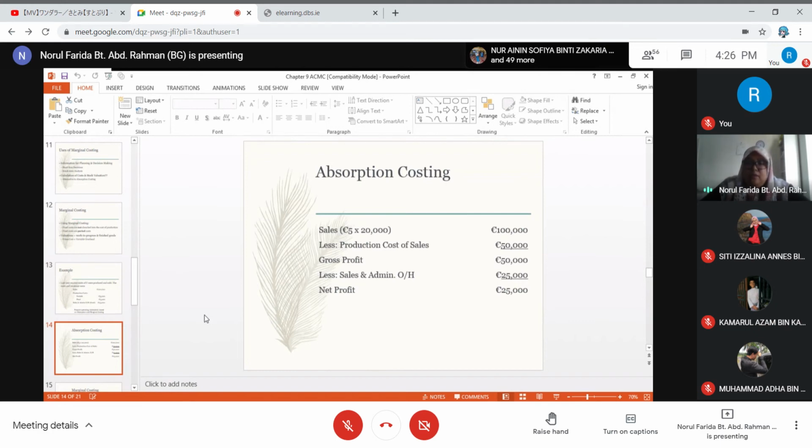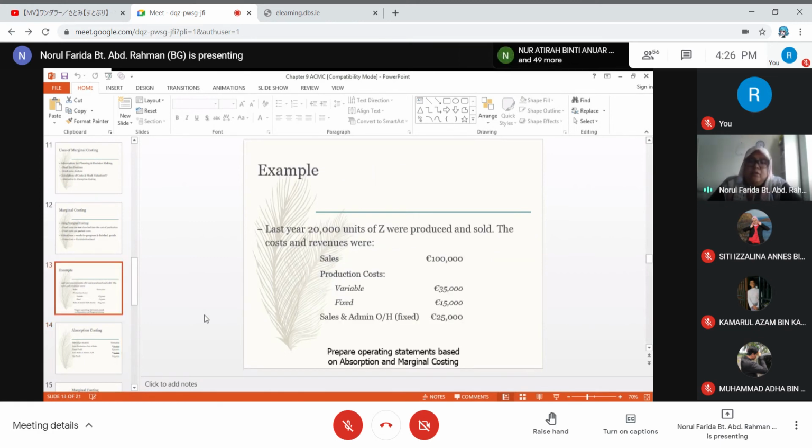So absorption tadi, okay, your statement you mesti start dengan sales, right? So your sales is 100,000 less with your production cost of sales. Okay, production cost of sales is 50,000. Okay, 50,000 is because production cost untuk absorb tadi dia ambil kira semua variable dan fixed. Okay, like I said tadi masa earlier, variable and fixed. So 35 plus 15 is 50,000.